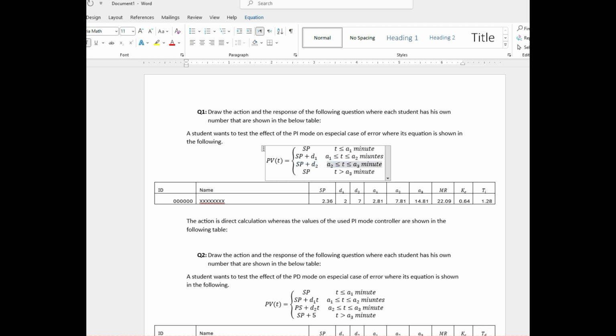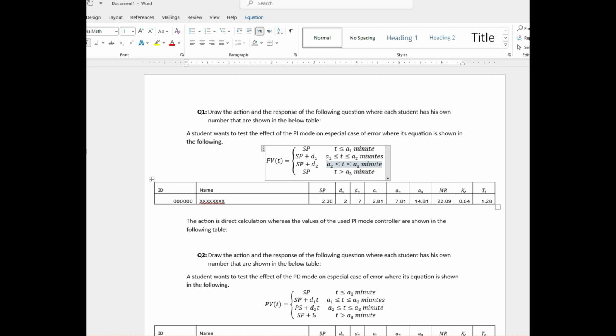Here is another example, and in another period, after A2 until A3, we put another set point signal plus a small error. Then after A3, we return our simulator back to the set point.